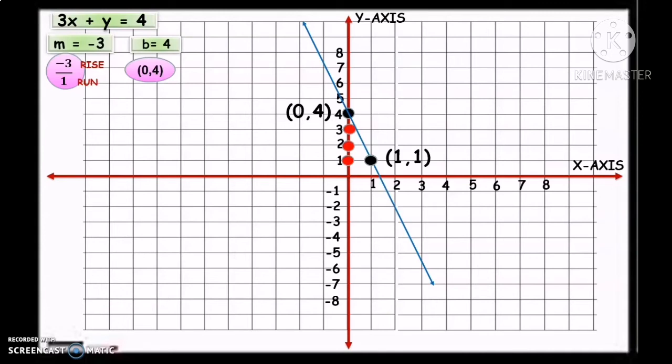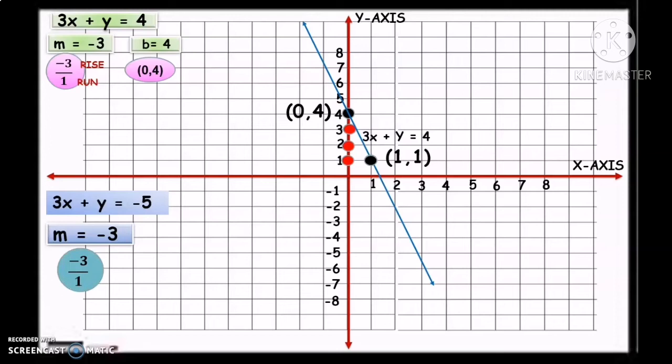Next, i-name po natin siya as 3x plus y equals 4. So, next equation, or equation 2, is 3x plus y equals negative 5. Yung slope po niya, negative 3, or negative 3 over 1, generated coordinate. The y-intercept is negative 5, and then, kanyang coordinate will be 0 and negative 5.